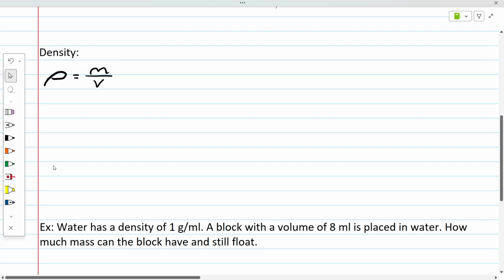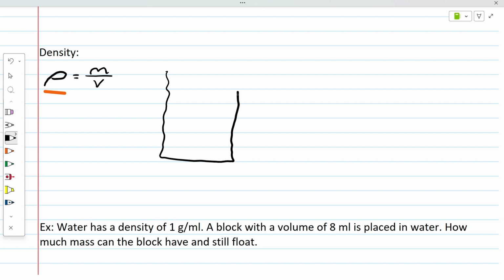But in this video, let's talk about density, which mainly when we're talking about density, we're talking about solids and liquids. So the density is given by this equation here. This is called rho, which is the symbol we use for density, and it's the mass over the volume. And so if we had, let's say, a cup like this, and we had maybe some thick liquid at the bottom, and then maybe there's a lighter liquid up here, and then we have a ping pong ball on the top.